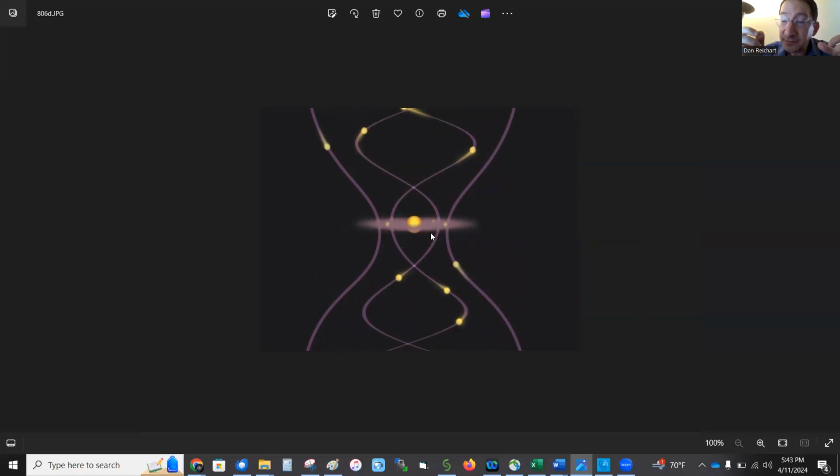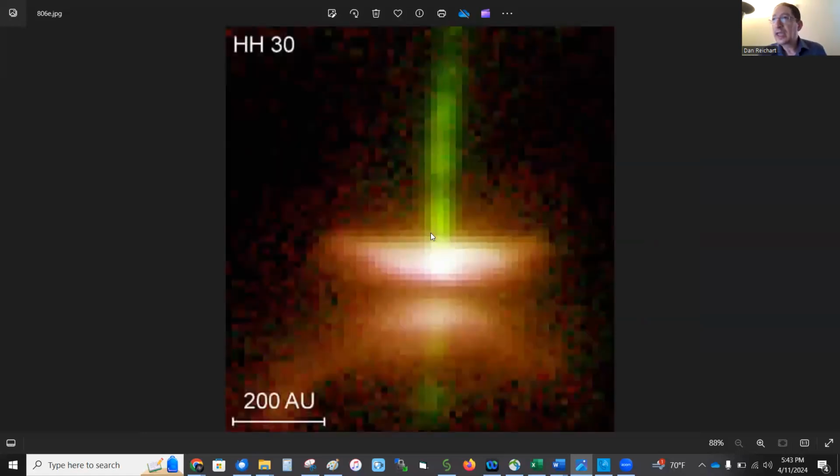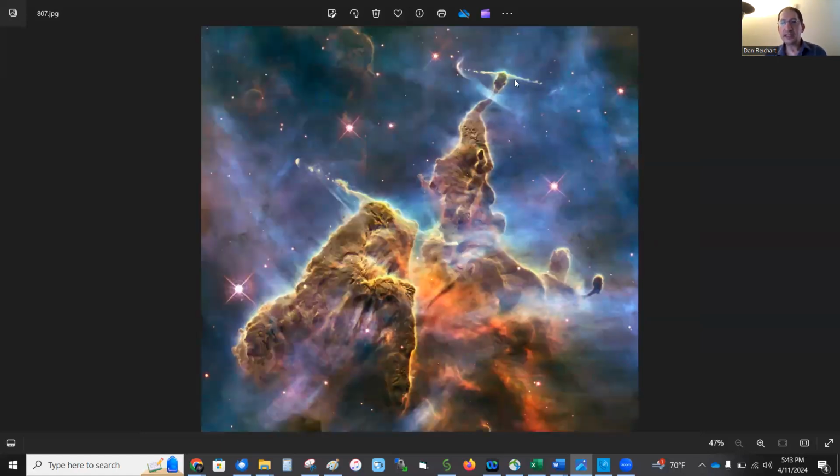And some stuff can flow out along them. Not everything ends up forming the new solar system. You get these outflows. We call these Herbig-Haro objects. This is an example of one. You don't see the middle here because it's very dusty, but you see light above and below, and you see the outflows, and that's what we're seeing here.